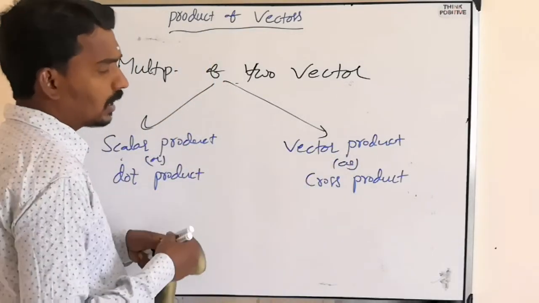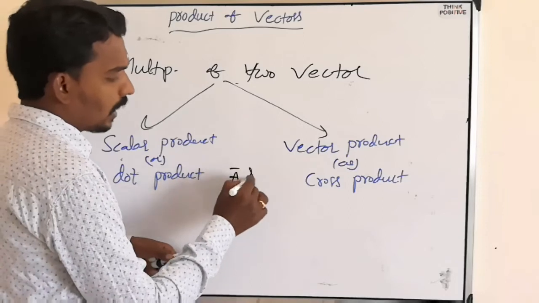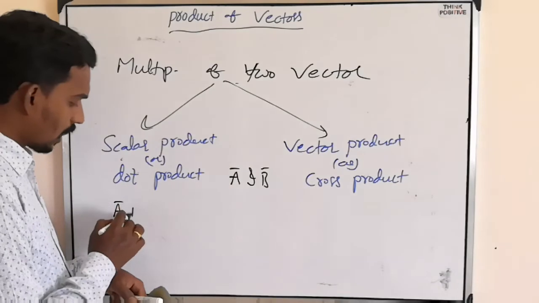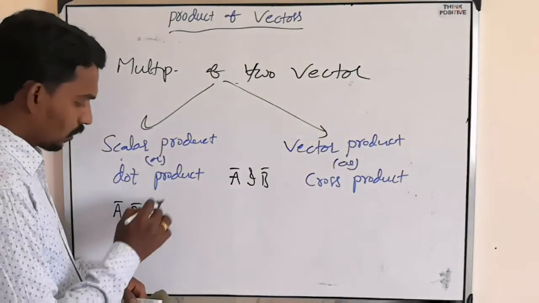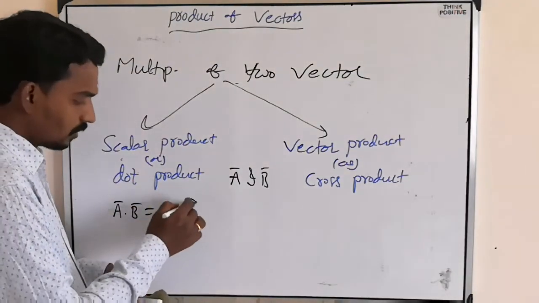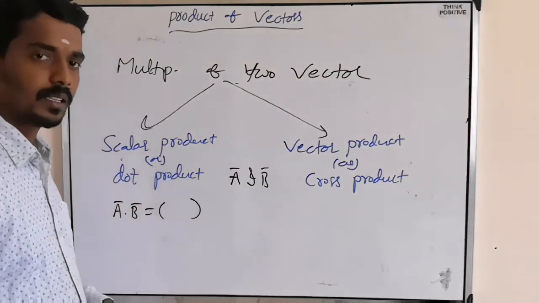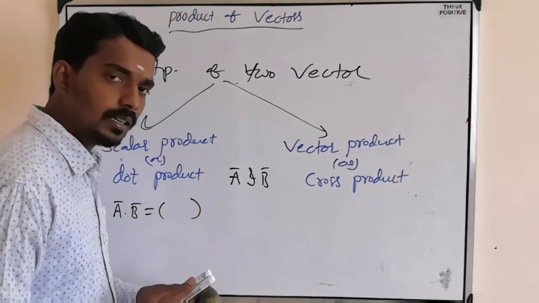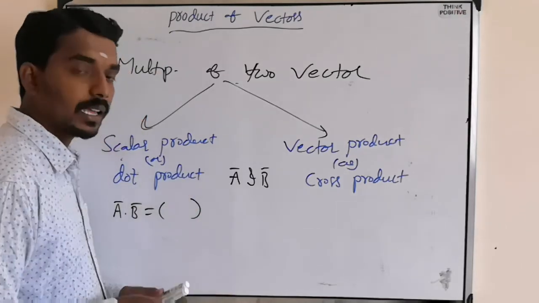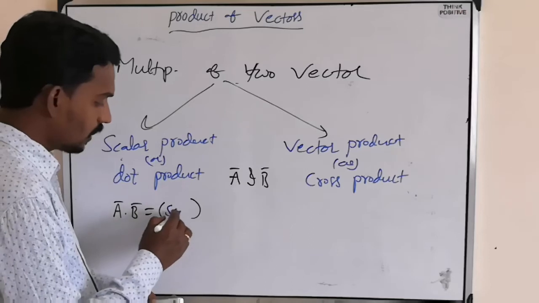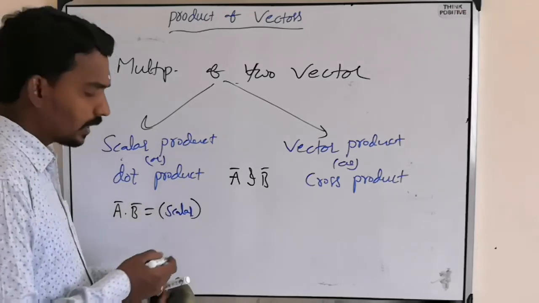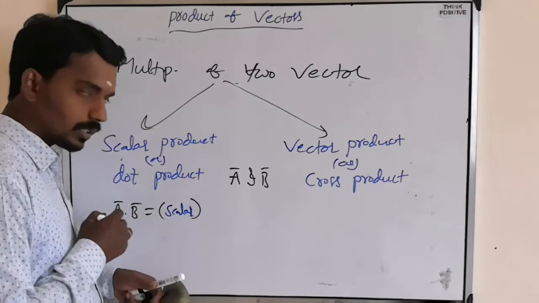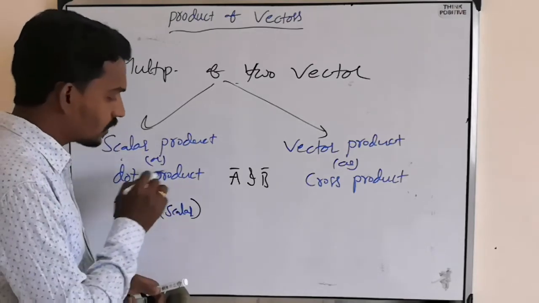Let's take two vectors, A bar and B bar. Then A bar dot B bar equals some number. If you multiply two vectors in such a way that the result is a scalar, then that method is called the scalar product. Here you are representing it with a dot, that's why it is also called the dot product.